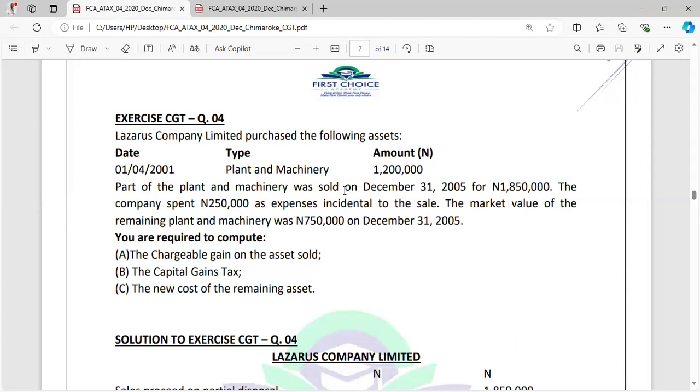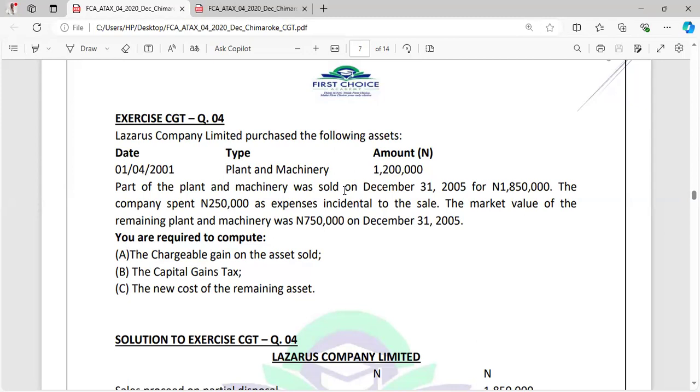Then you tell the valuer, this is the part I want to dispose of. He will subtract the part you are disposing of, and for the remaining assets you are not disposing of, he will give you the value. That is what we got here as 750,000. The part that was not disposed of becomes your B.